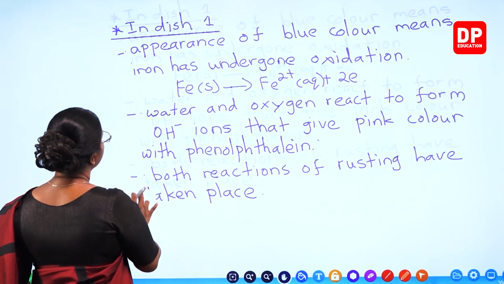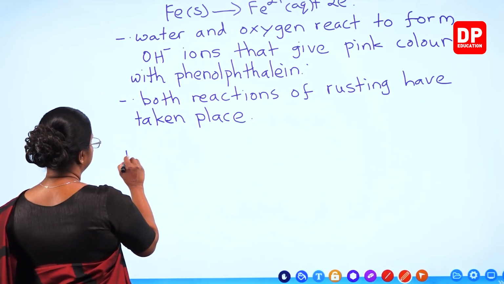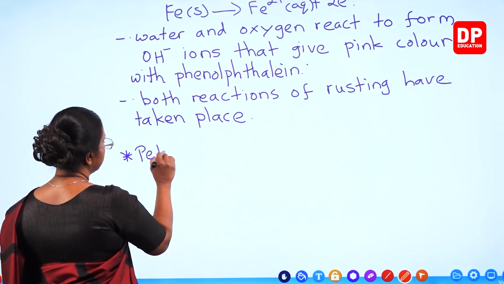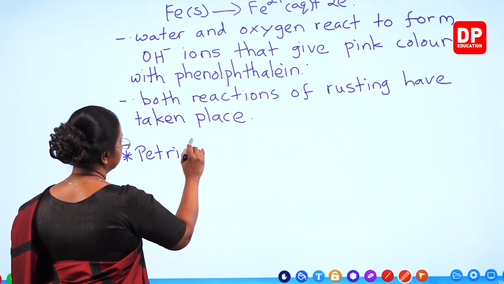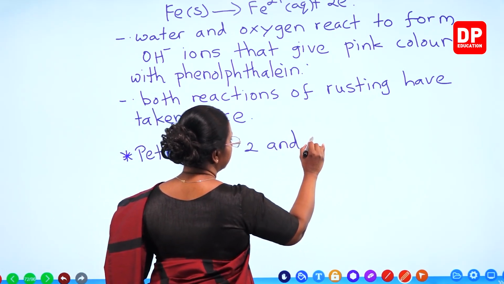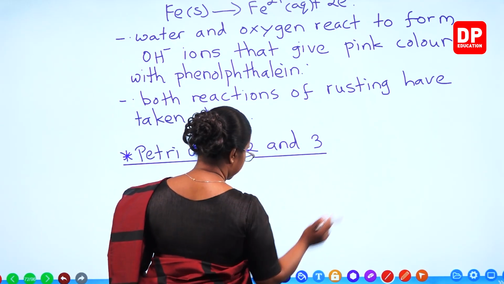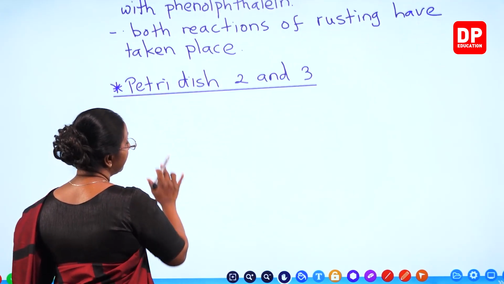But if you take petri dish 2 and 3, what happens?